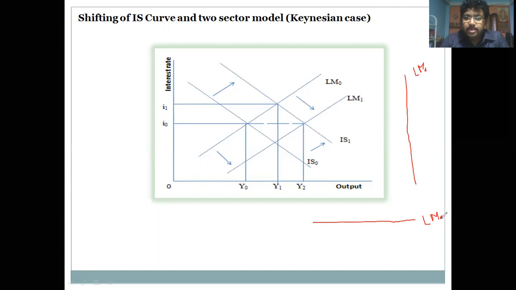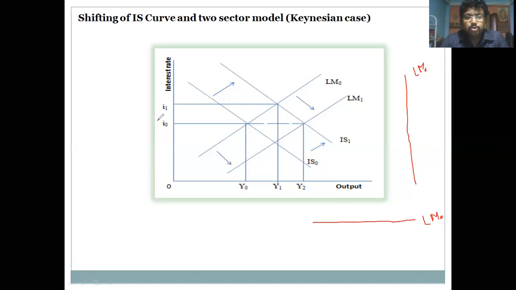So depending on the slope of the LM curve, the interest rate changes. If the LM curve is perfectly interest inelastic, then the interest rate change will be high.